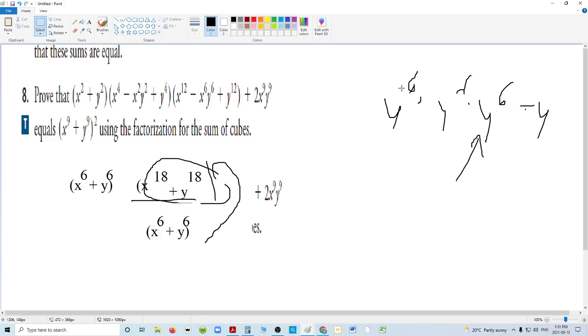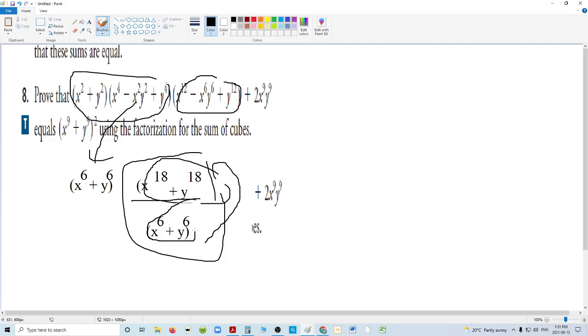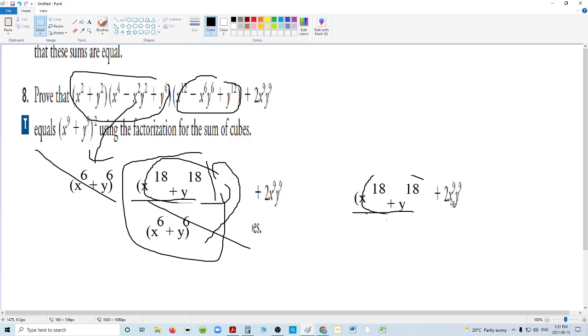Whew. I don't know if I'm going about this the right way, but I can immediately see that this here is that, and this here is that, because I divided out the part that's missing, these two cancel out, and I'm left with x to the 18 plus y to the 18 as the roots, and I've got to add this.